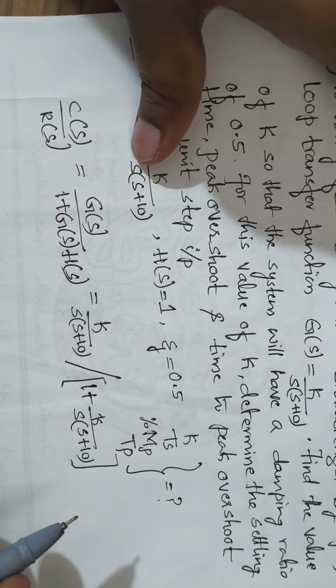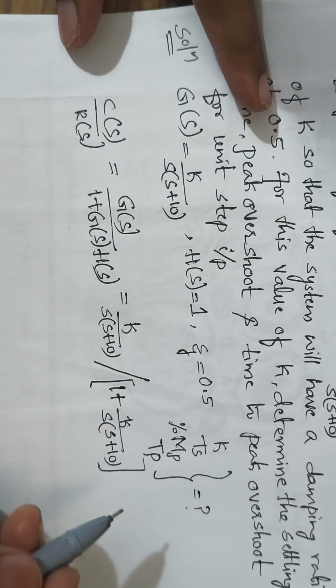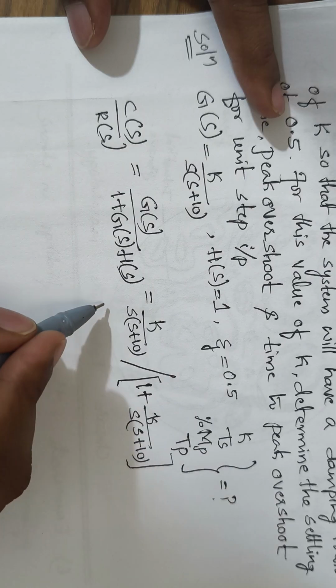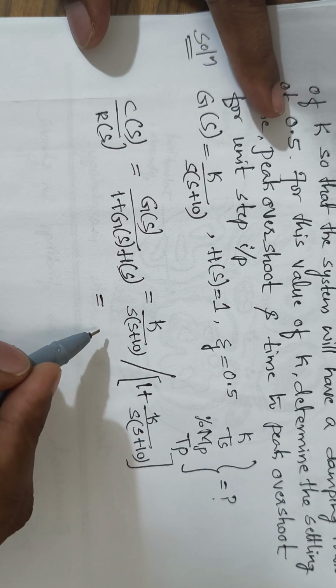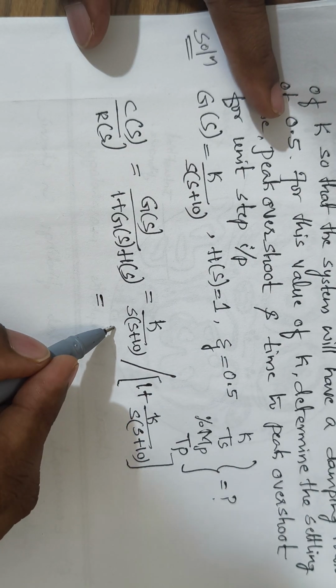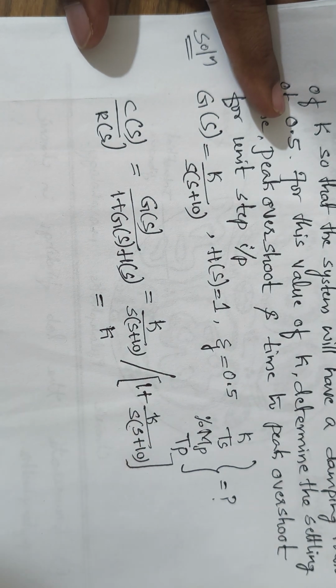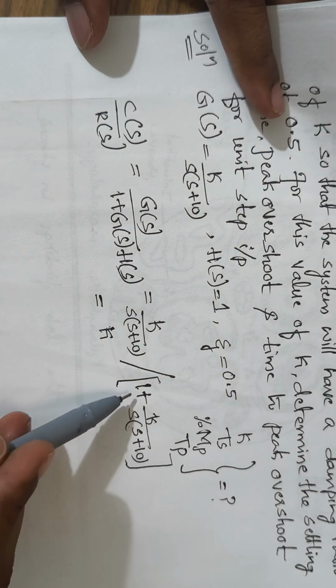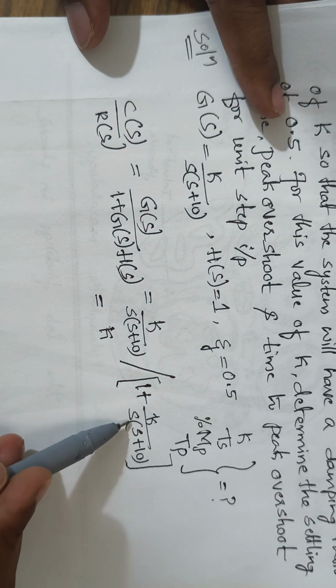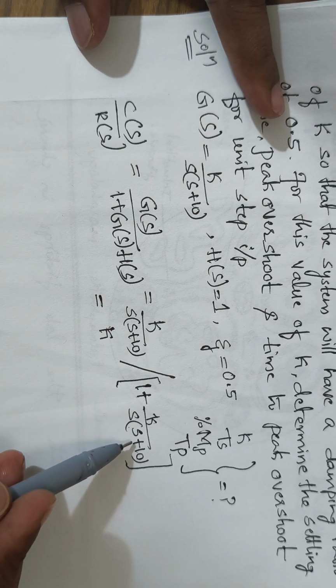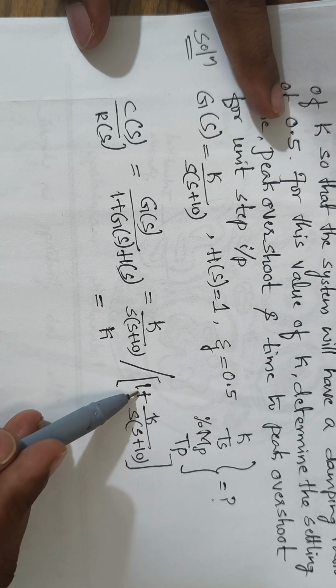Now we need to solve this. K in the numerator, so K as it is. Now here we will take the LCM: the LCM of 1 and s into (s + 10) is s into (s + 10), that is nothing but s square plus 10s. You need to multiply here.